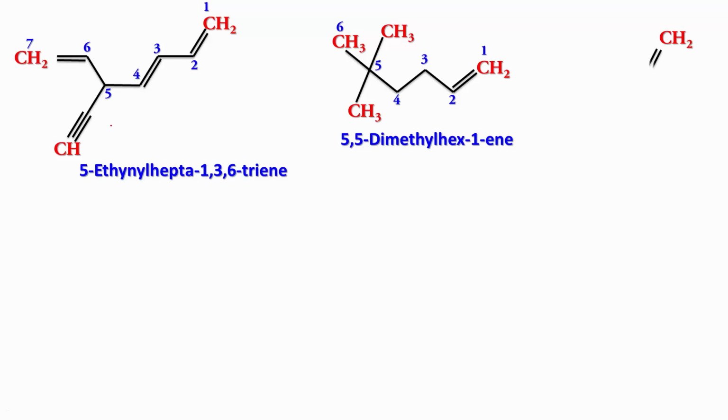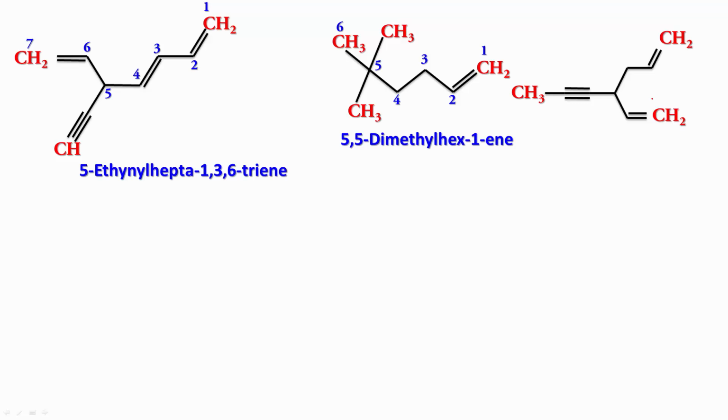Try this. Check for yourself. First, remember the parent chain. Now, if you look at this one, double plus triple is 2. Look at this one, double plus triple is still 2. But the second option is to go for the maximum number of carbon atoms, not the maximum number of double bonds. That's the third point.